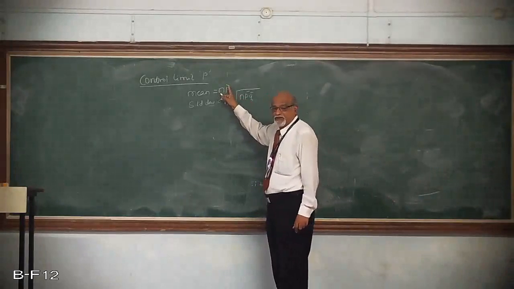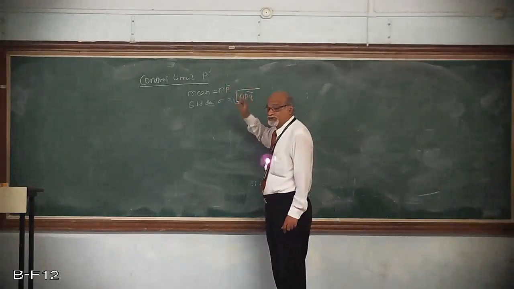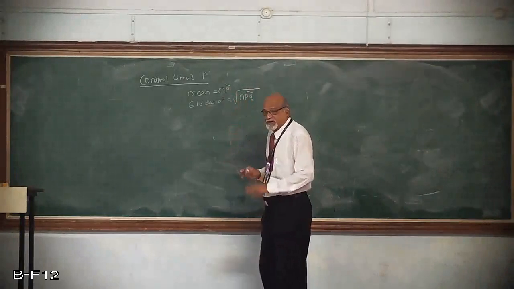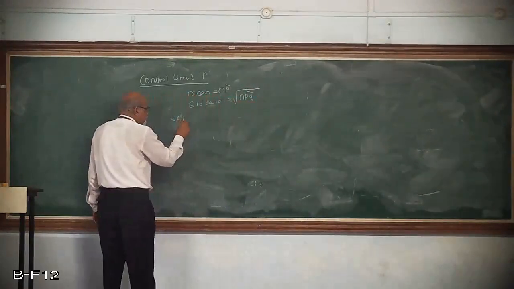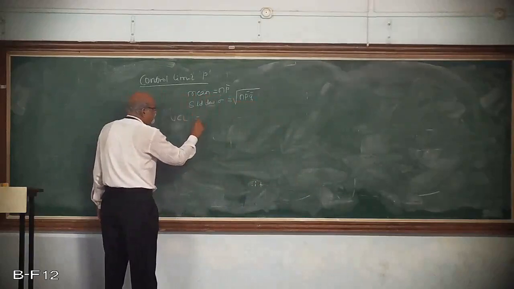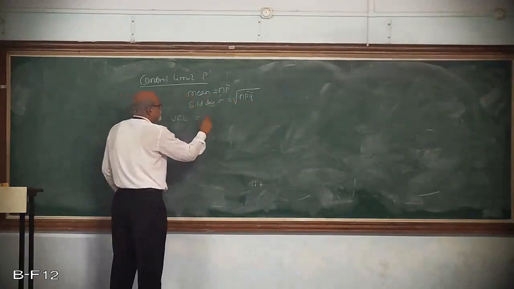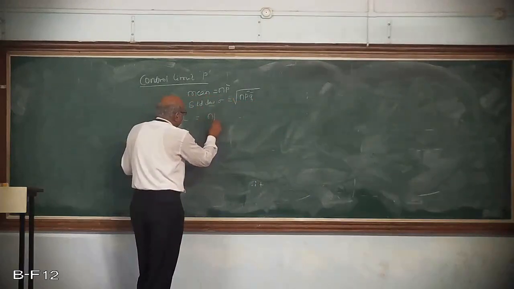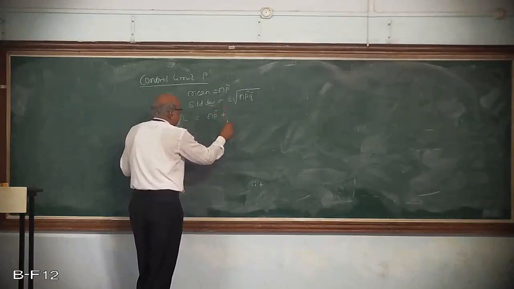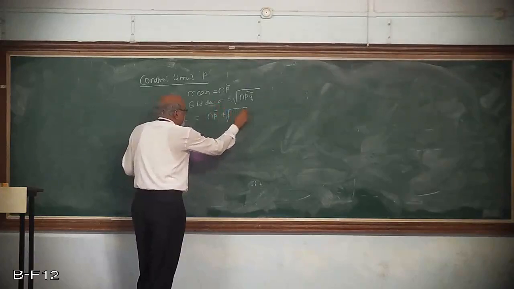Okay. That means if I use 3 sigma limits, for the sake of argument, then the upper control limit is equal to the mean value, which is NP bar, plus 3 sigma limit, that is 3 times the square root of NP bar Q bar.